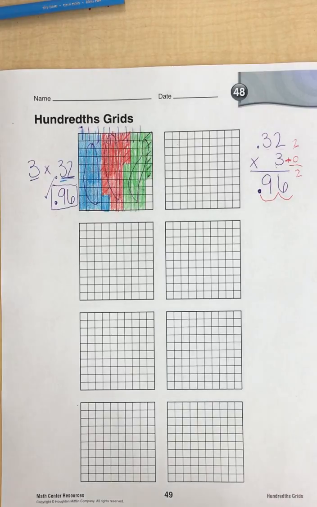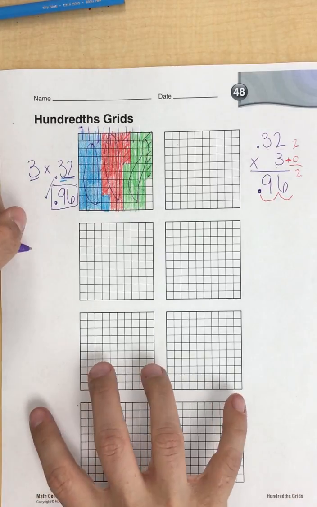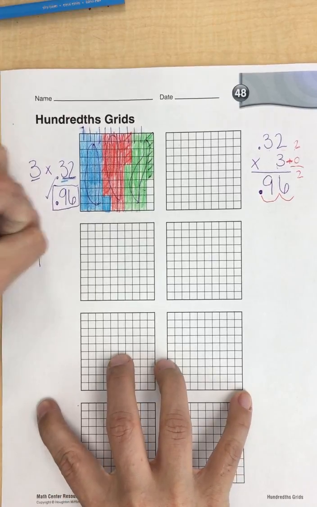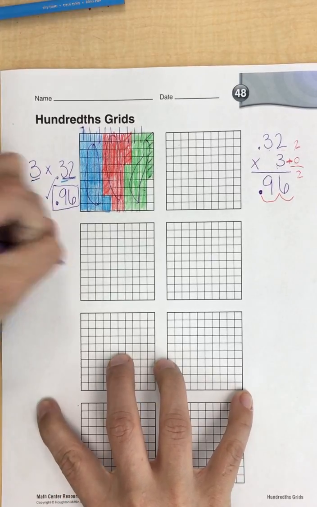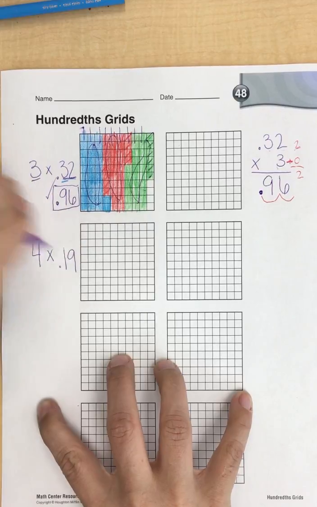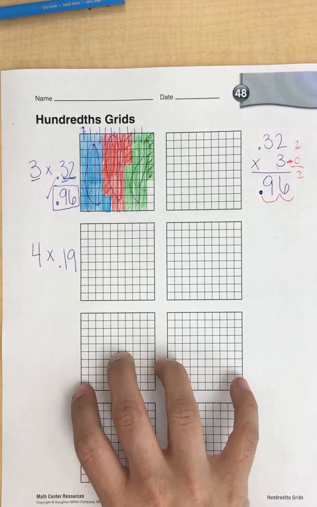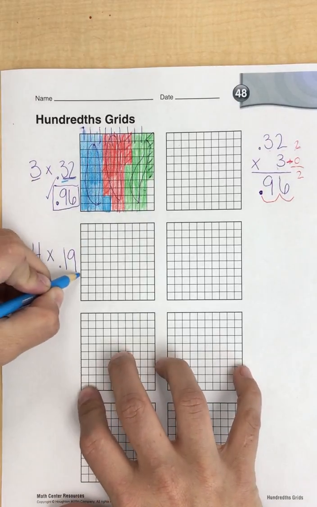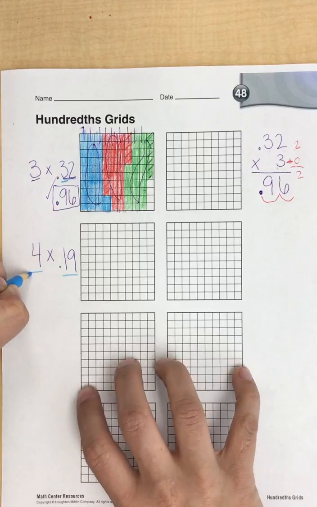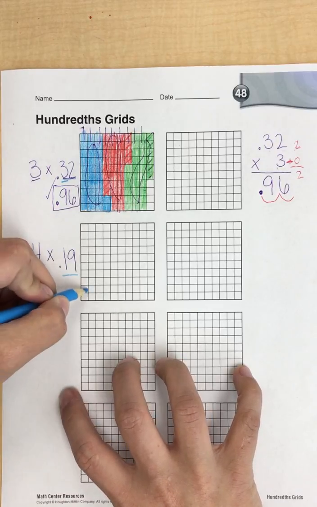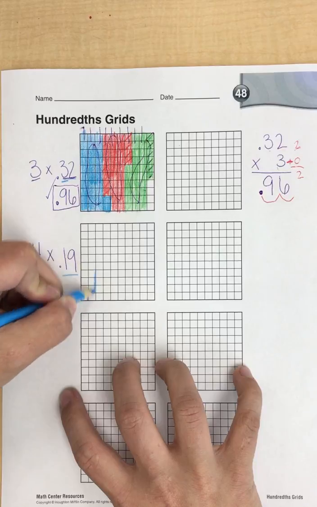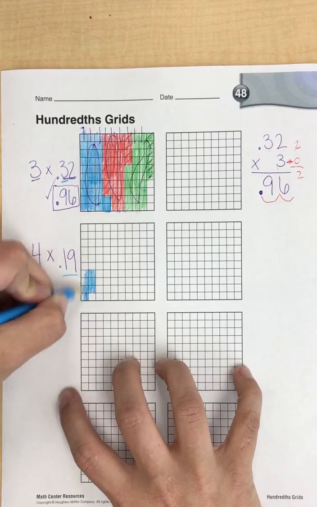Okay, let's do one other example of that. So let's do 4 times 19 hundredths. So I need to represent this 19 hundredths 4 different times. So I'm going to shade in 19 of these hundredths.